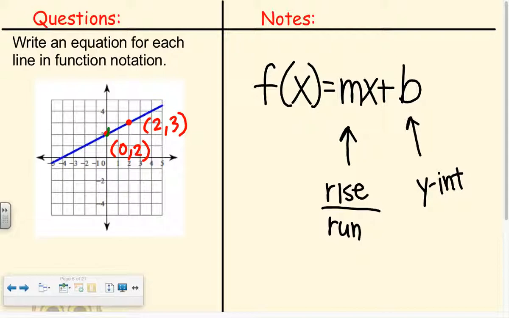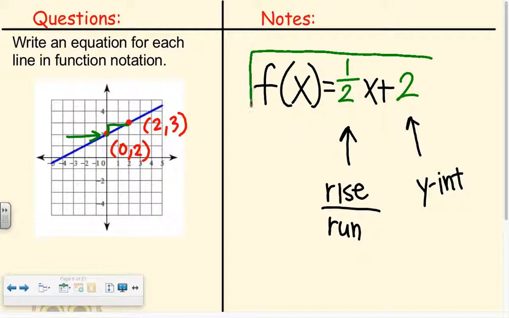So I'm rising 1, running 2. And my line crosses the y-axis right here at positive 2. So my answer is f of x equals 1/2 x plus 2.